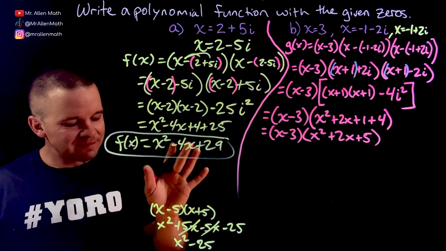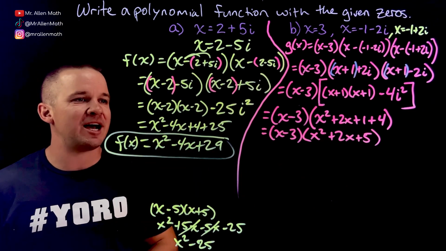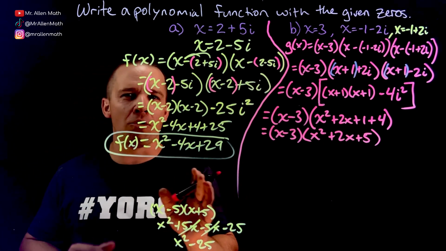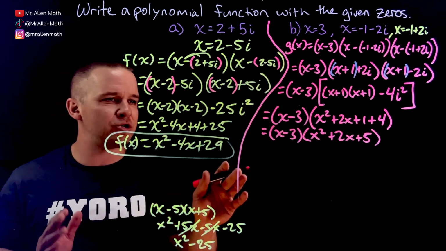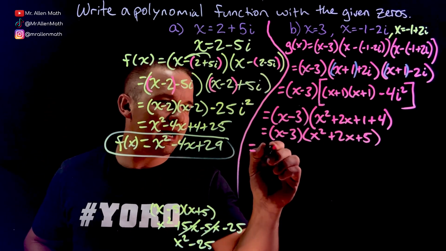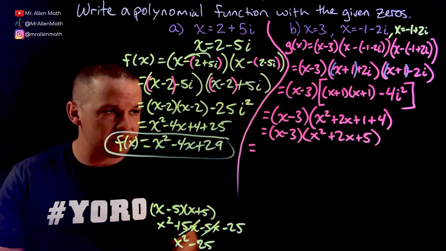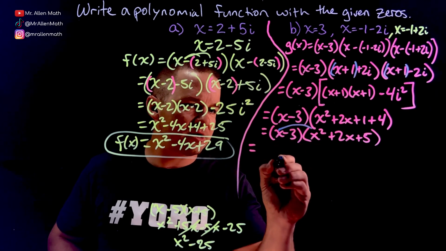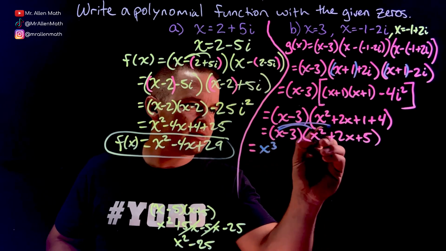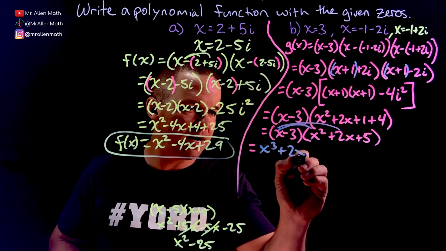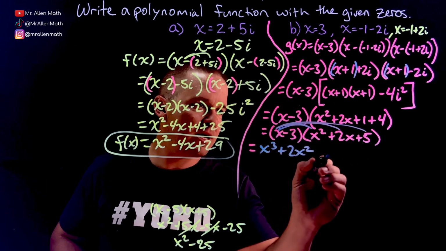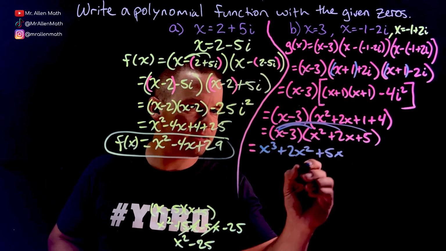Now it's time to multiply by the x minus 3. And I actually like to organize it in this way if I have the space. I'm going to show you guys what I like to do. So we've got the x needs to distribute to all 3 of these, okay? And I'll do these in a couple different colors here. So we got x times x squared is x cubed. X times 2x is going to be positive 2x squared. And x times 5 is going to be positive 5x.